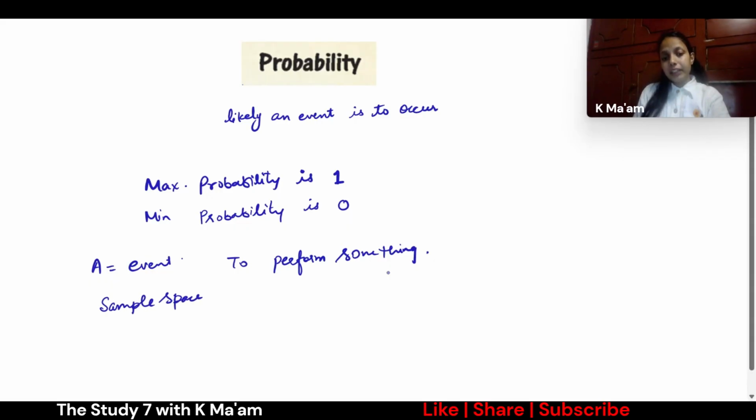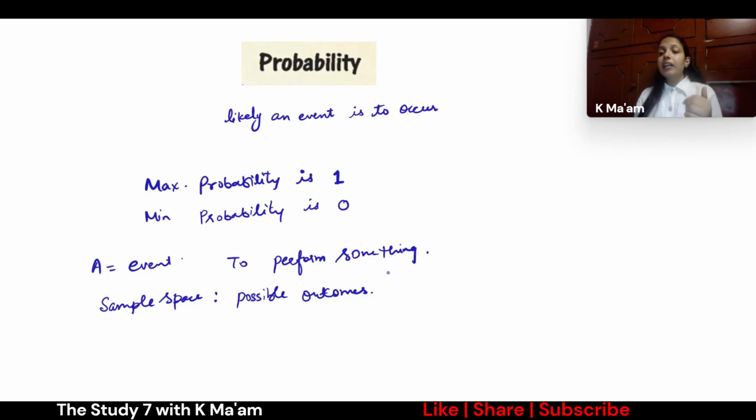Sample space means when you perform an event, you apply something, then what are the total possible outcomes? The sample space is the possible outcomes. From these possible outcomes, which ones we are trying to get, that is the likely case.